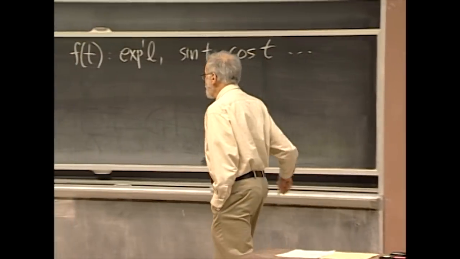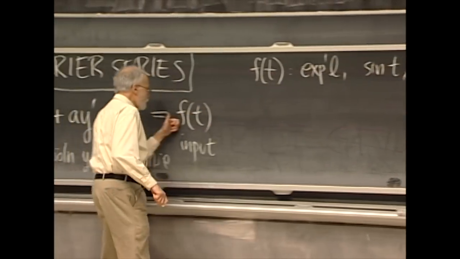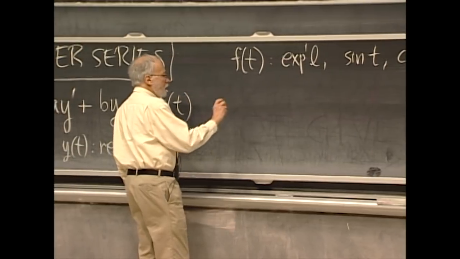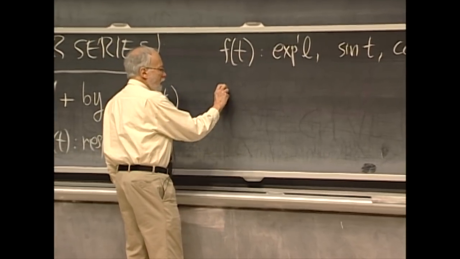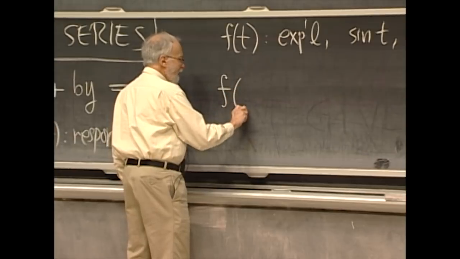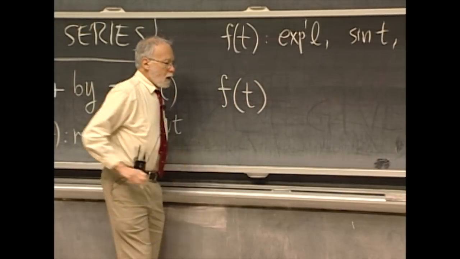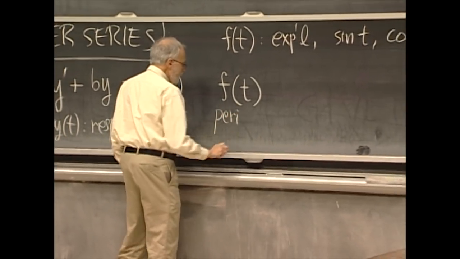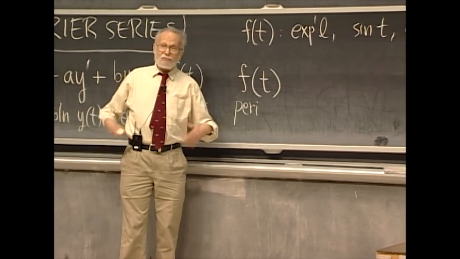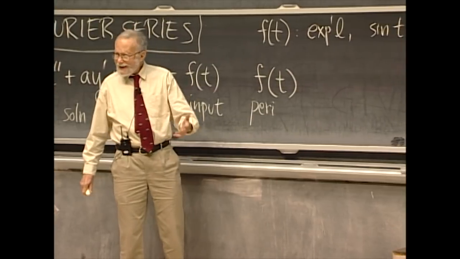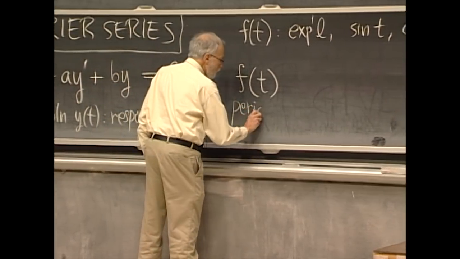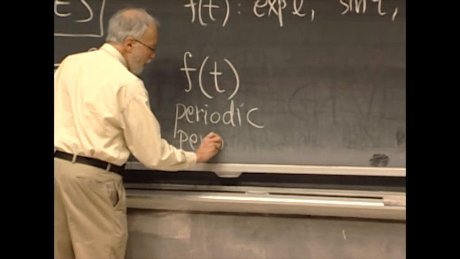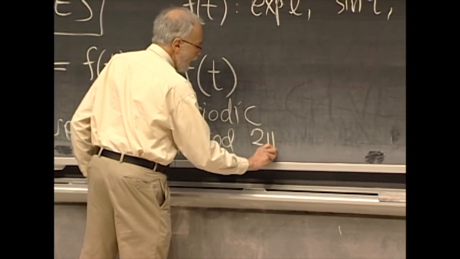The reason is that, let's put it this way, any reasonable f of t, which is periodic, doesn't have to be even very reasonable. It can be somewhat discontinuous, although not terribly discontinuous, which is periodic with period, maybe not the minimal period, but some period, 2 pi.